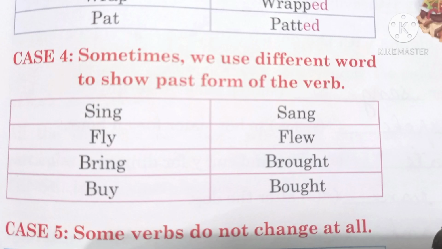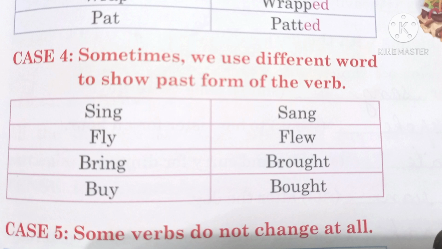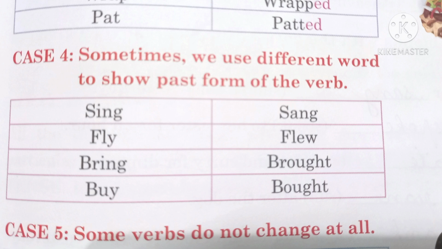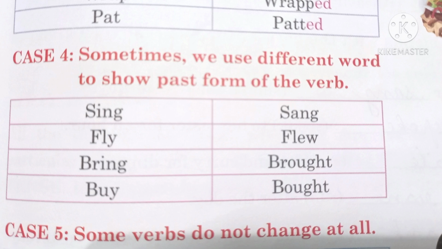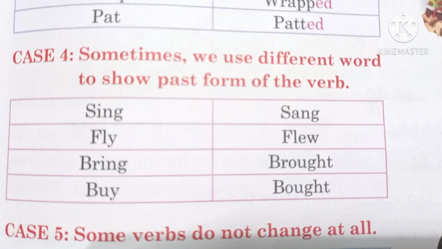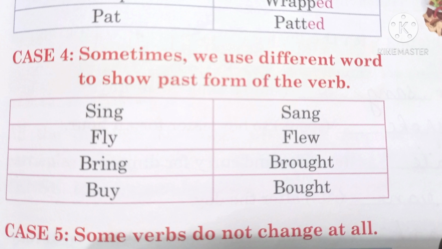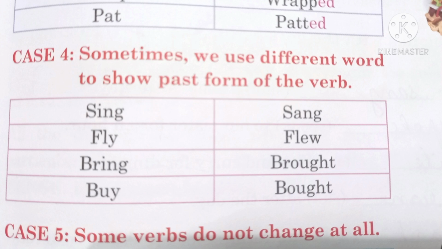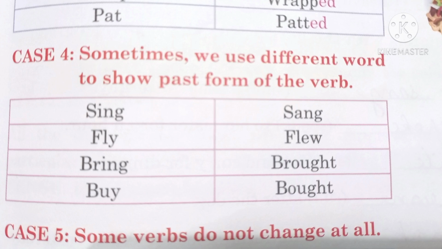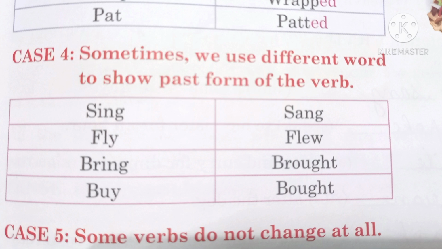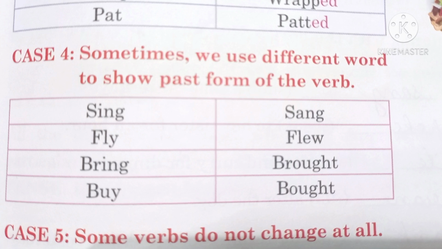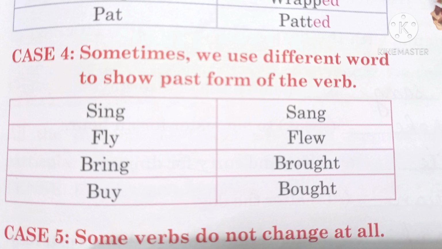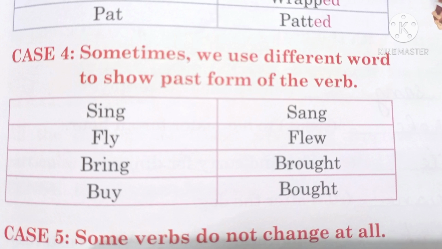There are a few irregular verbs where the base form of the verb will be different from the past tense form of the verb. They will have a complete change in the spelling. In other words, we use these different words to show the past tense form of the verb. Like a few examples given: sing, S-I-N-G, and when we change it into past tense form, it becomes sang, S-A-N-G, sang.